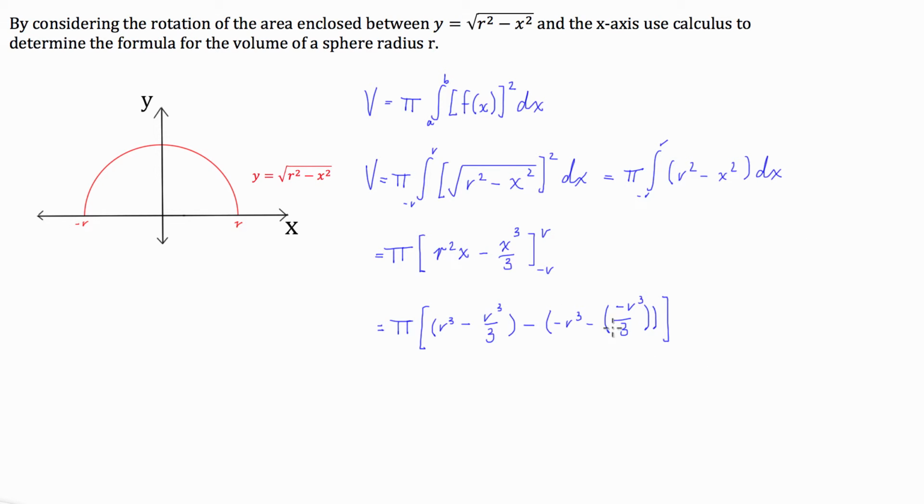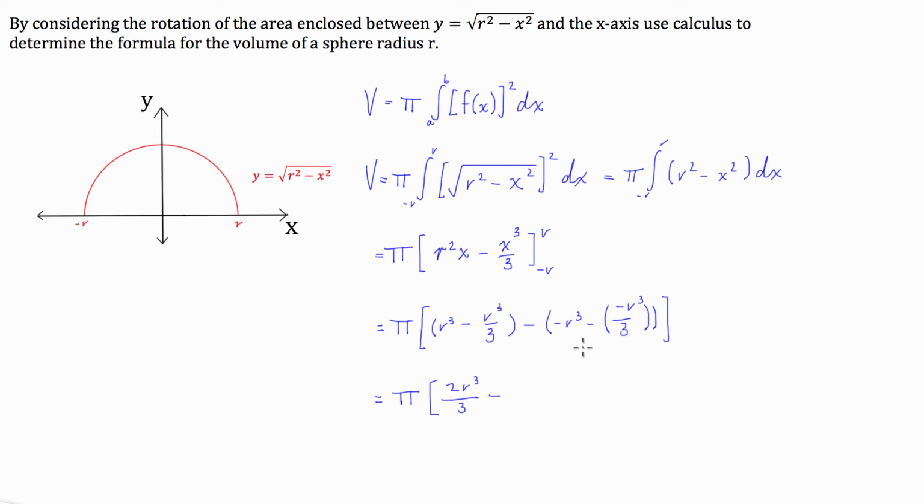Now, if we do a bit of algebra on this and simplify it down a little bit, we've still got the pi sitting out the front, it's not going anywhere. We've got r cubed minus r cubed over 3. So r cubed is the same as saying 3r cubed over 3, minus r cubed over 3, is going to be 2r cubed over 3. Subtract.